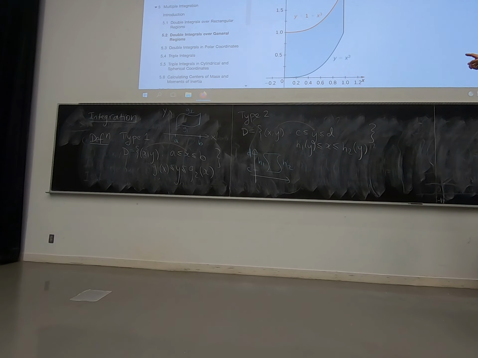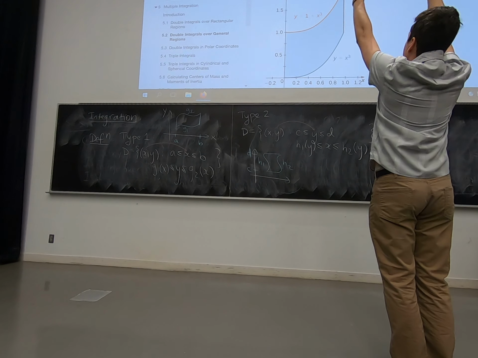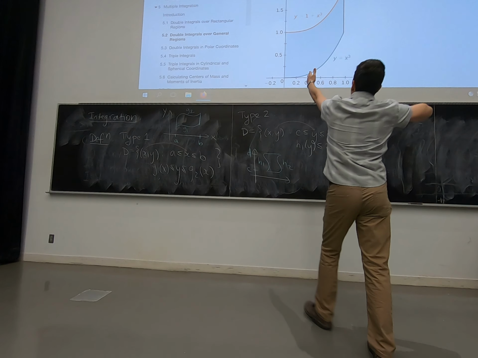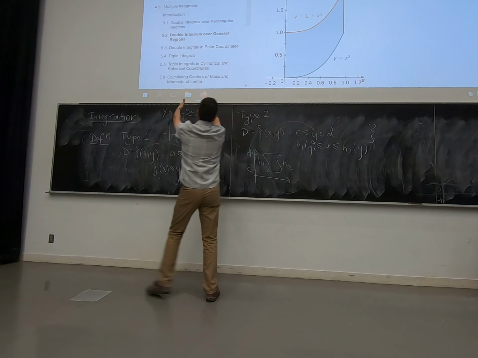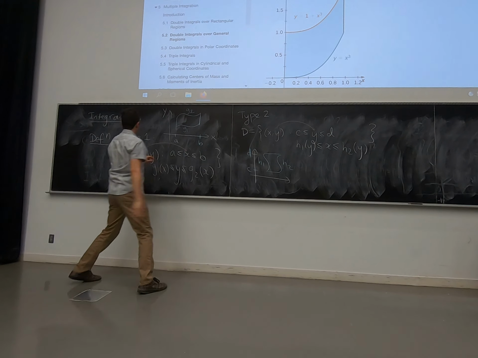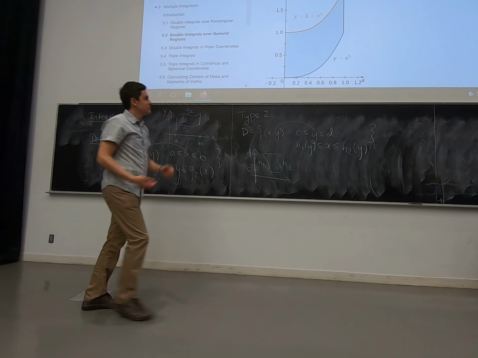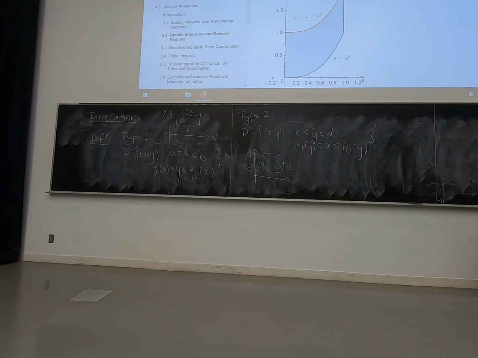So we look at this region, exercise 60. We say, aha, it's bounded by x equals 0, x equals 1. It's bounded like this, so we're type 1.